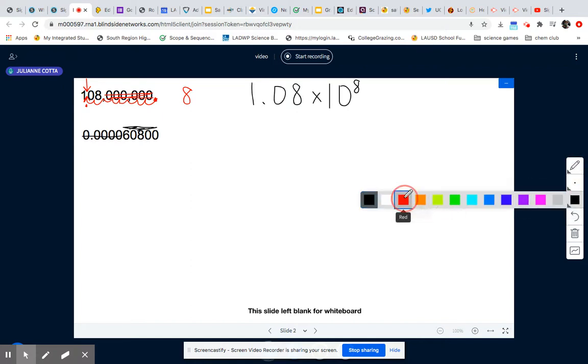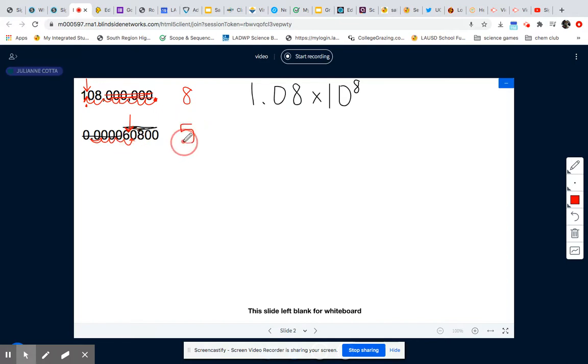Okay. So then I want to count from my original decimal to my new decimal. I'm sorry, I always start my count after the first number that's not a 0. Okay, so all of these are zeros. I want to start after the first number. So 1 space, 2 spaces, 3 spaces, 4 spaces, 5 spaces it took me to get there. Okay.